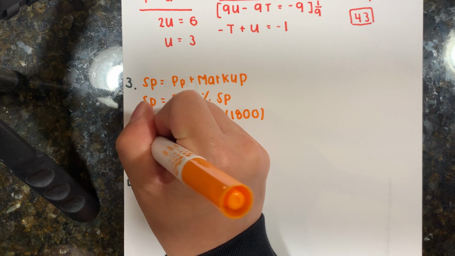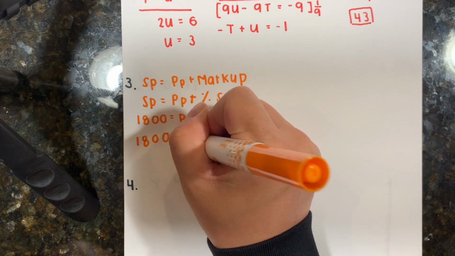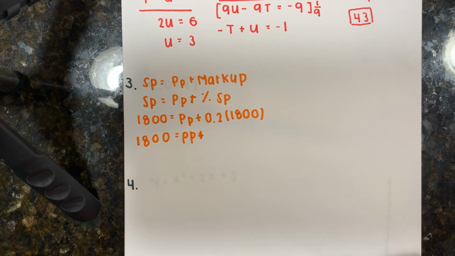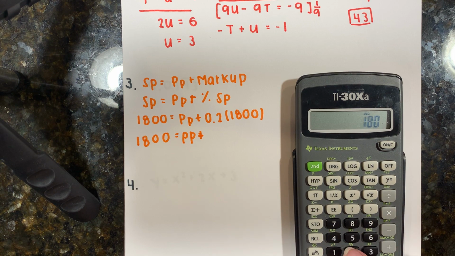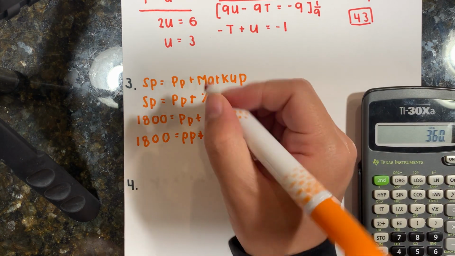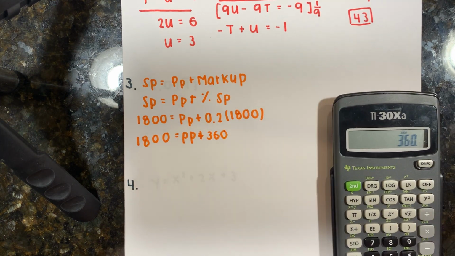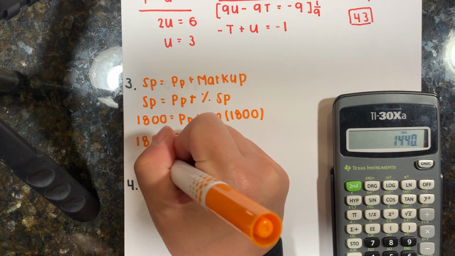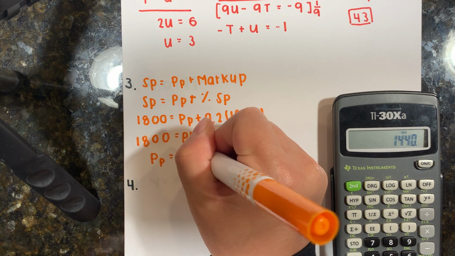So the $1,800 equals purchase price plus 0.2 times 1,800, which equals 360. So if you subtract that from 1,800, you get the purchase price would be equal to $1,440.